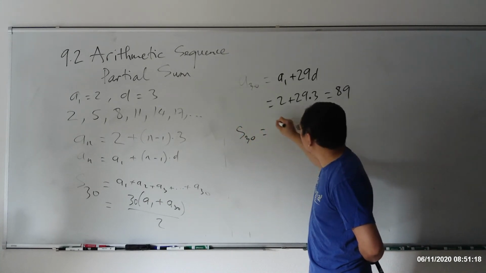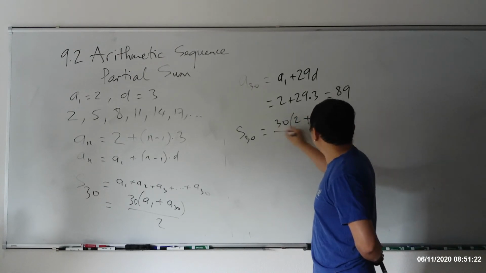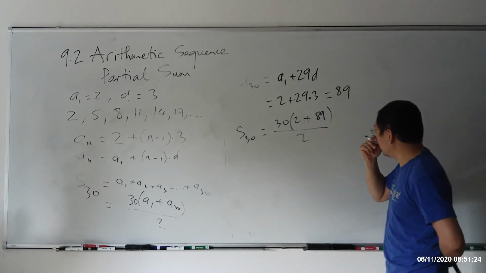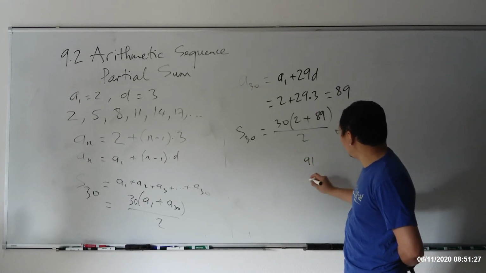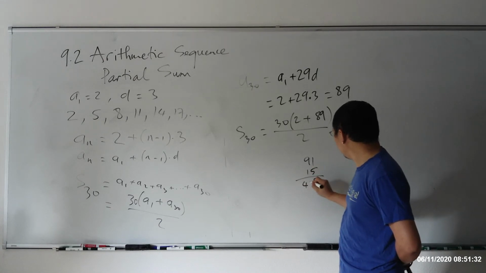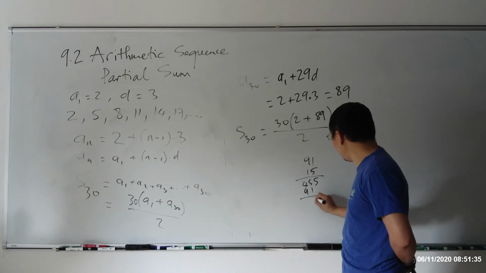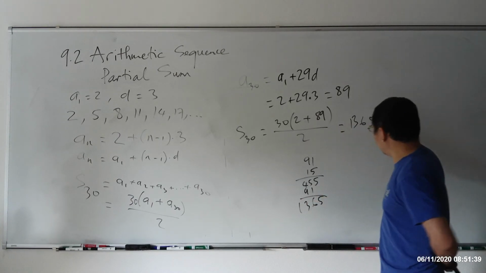S30 is equal to 30 times 2 plus 89, over 2. 2 plus 89 is 91, and 30 over 2 is 15. 91 times 15 is equal to 1365.